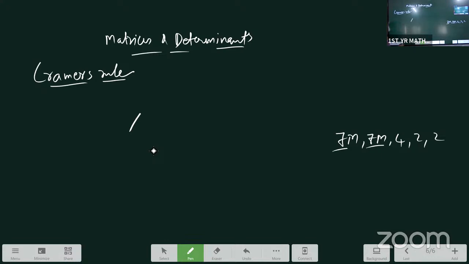Let us do one Cramer's rule sum so that you can understand how to do that sum. Very important, right?